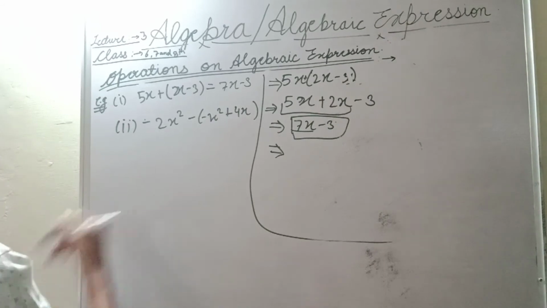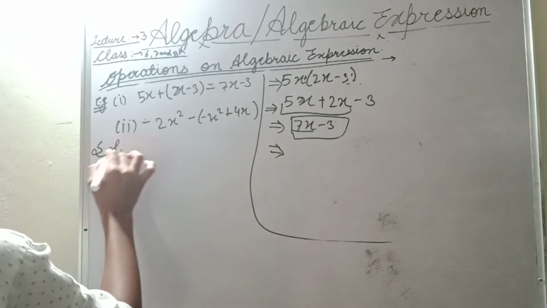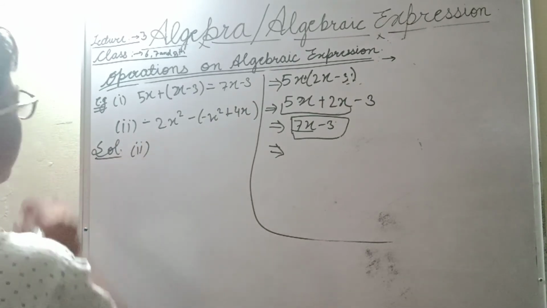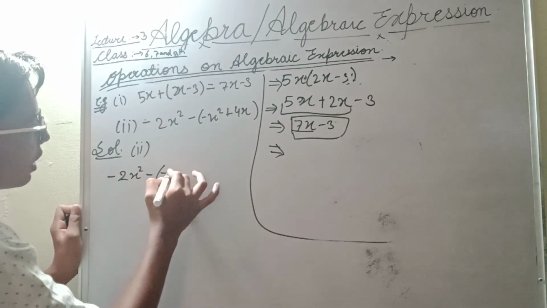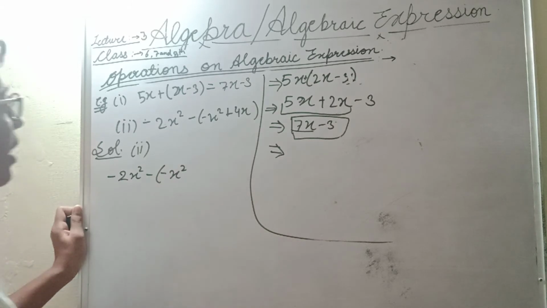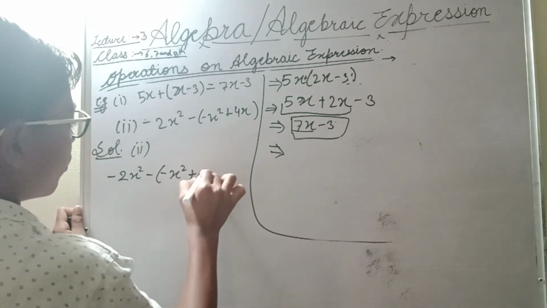And question number second: minus 2x square minus, break it, minus x square plus 4x.